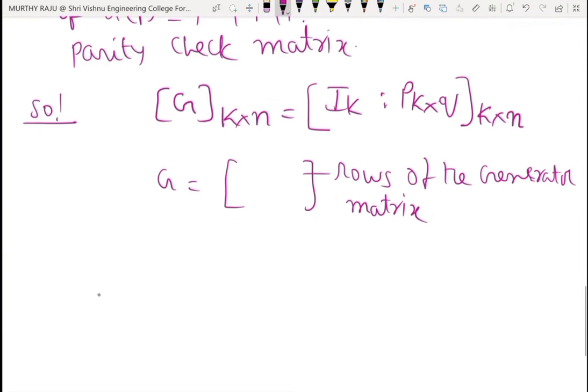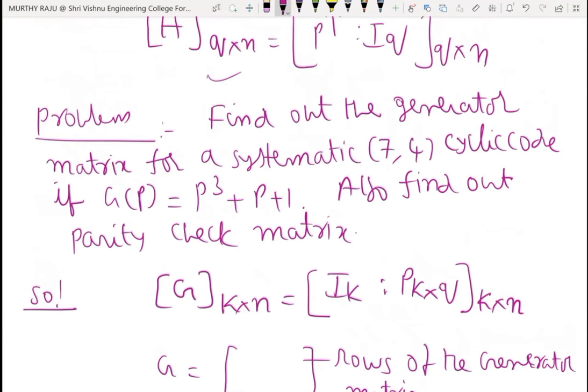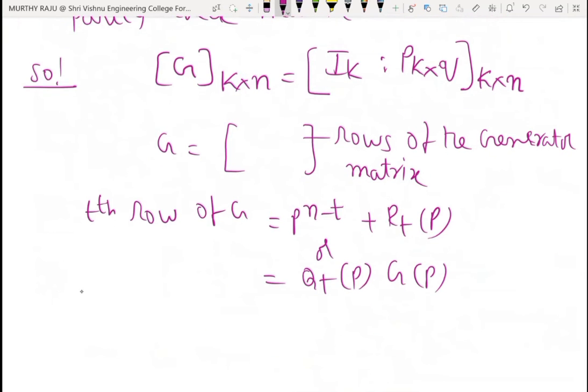We will use this formula. T-th row of G is equal to P power n minus t plus Rt of P, remainder, or Qt of P into G of P. In the (7, 4) systematic cyclic code, n is equal to 7, k is equal to 4.